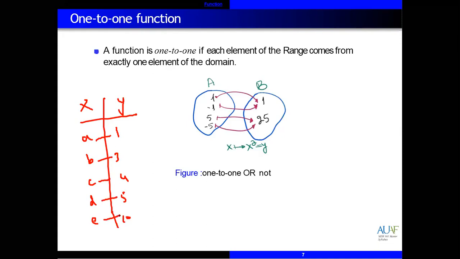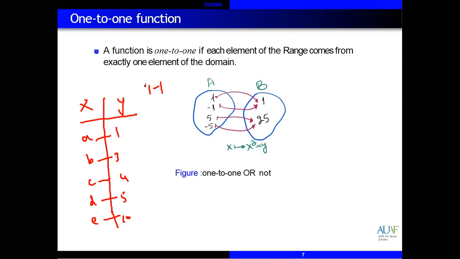You can see each element is in relation with only one number: 1 with A, 3 with B, 4 with C, 5 with D, and 10 with E. This type of function is called a one-one or one-to-one function.